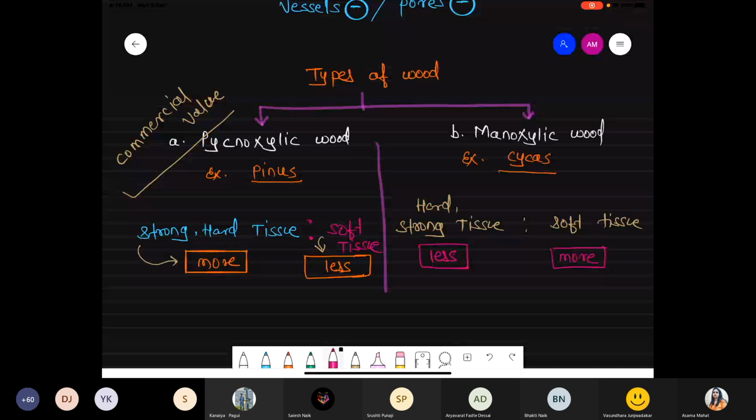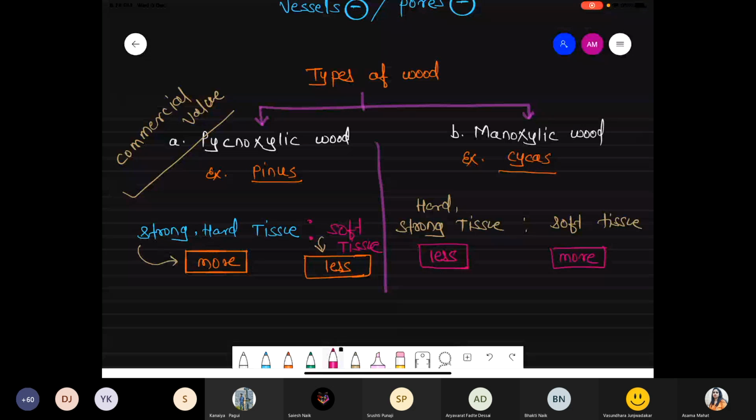That's why manocyclic wood is not good quality wood. Okay, got it? We are talking about wood particles. Definitely we don't want the soft. अगर जितना ज़्यादा soft होगा उतना ज़्यादा water को absorb करेगा. And that wood, whatever furniture is made from it, gets damaged early.